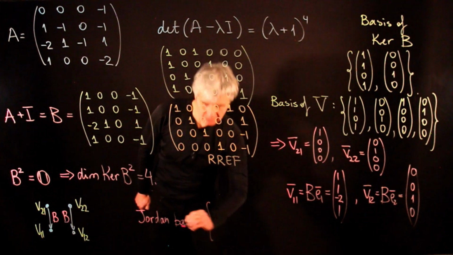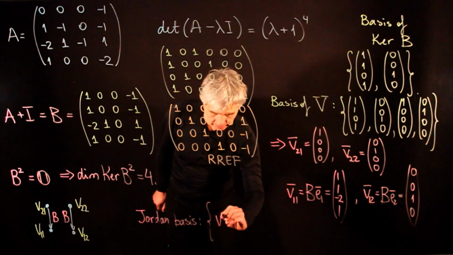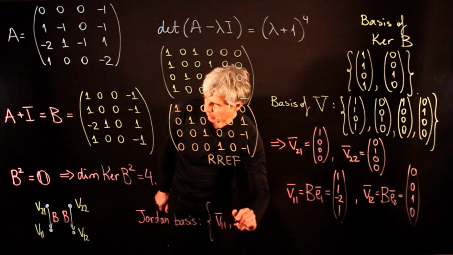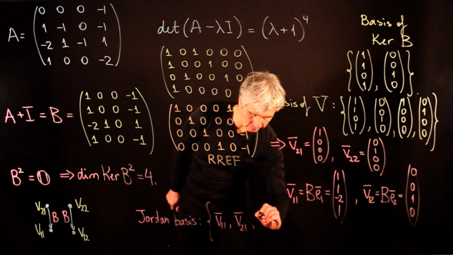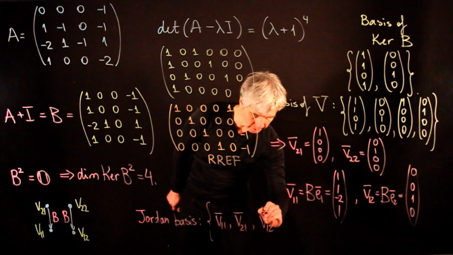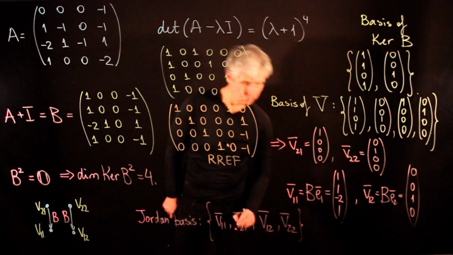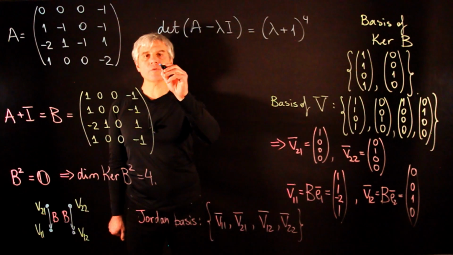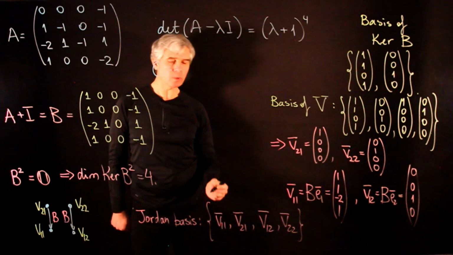Now in this basis we start listing vectors starting with an eigenvector. So we have V11 and V21, and then V12 and V22. Now we get the change of basis matrix by placing coordinates of these vectors as columns.